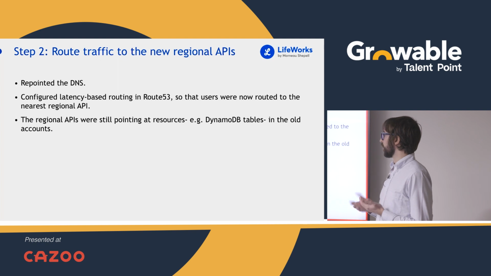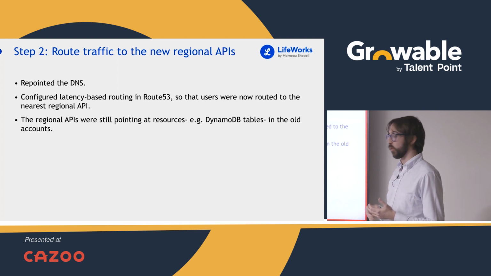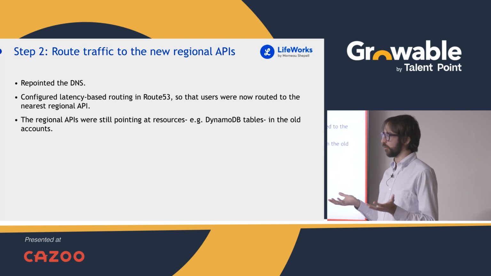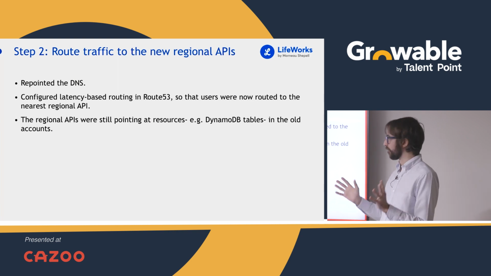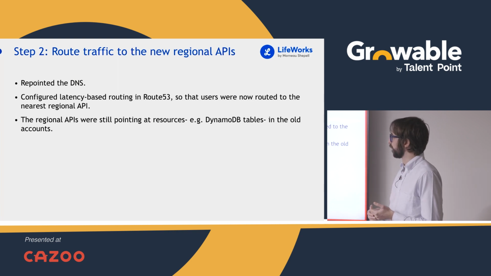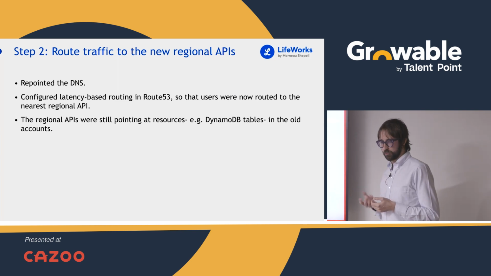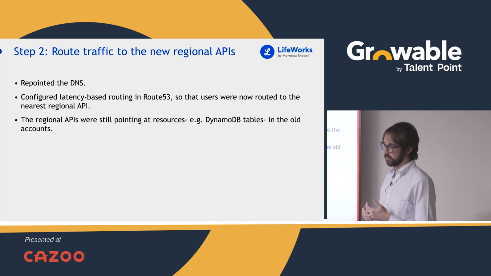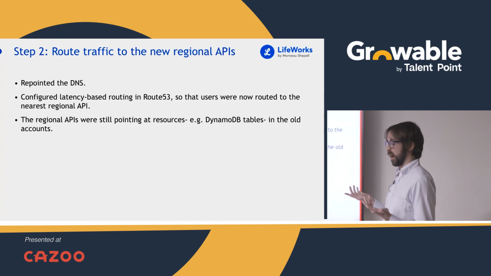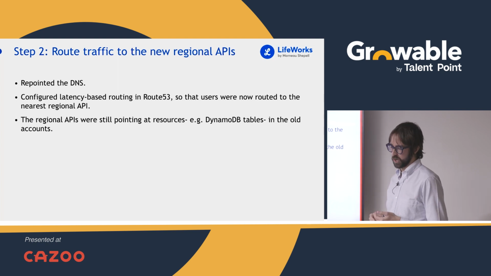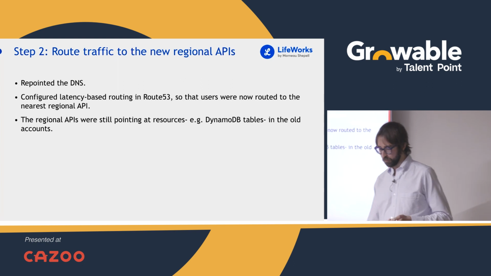The APIs in the new accounts were still pointing at resources in the old accounts, because we didn't want to do a big bang of moving all of our data and everything at the same time as all the APIs. So we just moved the APIs. And when you've got regional APIs, Route 53, you can just configure latency-based routing, and just by magic, it will know which API is closest to the user and route them to that one.